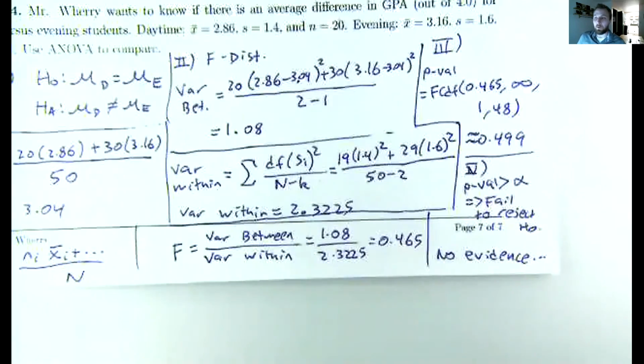Another thing we'll figure out is some more of the vocab that gets used. Some people say stuff like mean square of the treatment and mean square of the error. I want to understand exactly what those things are talking about and how that matches up to what we've done so far. So we are halfway through lesson 12. I look forward to finishing this up with you next time.